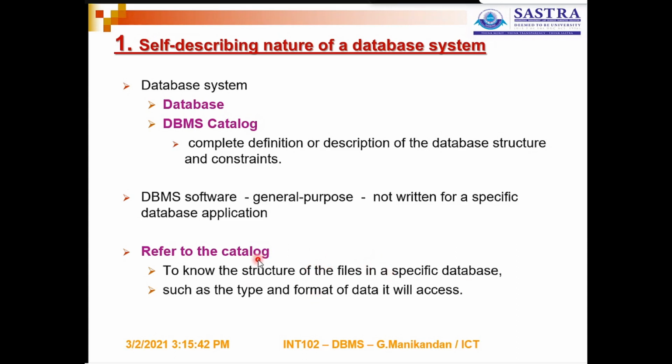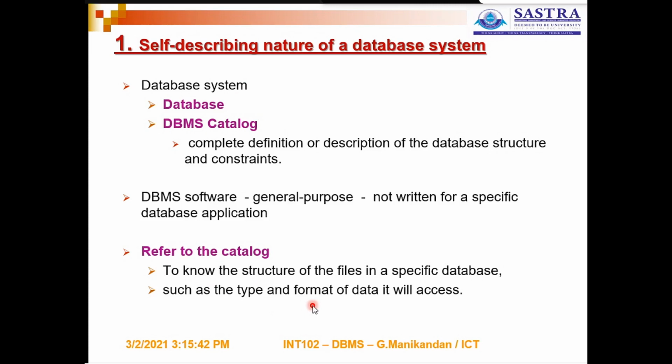So your DBMS will refer to the catalog to retrieve the structure of the database. The structure consists of the type and the format. So what is the data type and how the data is stored?